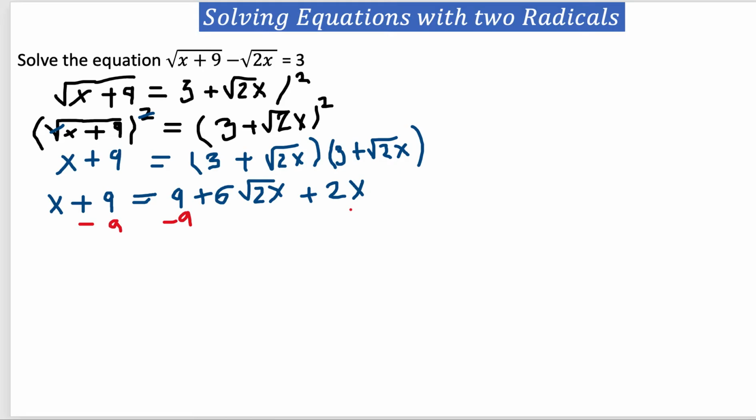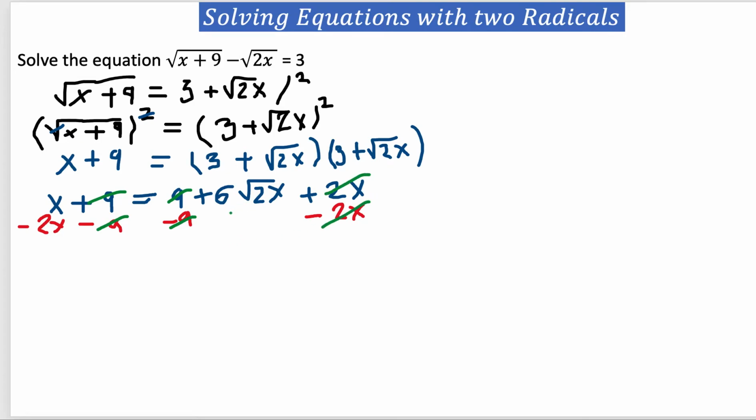So we are respecting the same process now. Let's take this to the other side, minus 2x on both sides. And now we are simplifying a little bit: this cancels, and this cancels too, minus 2x, 2x.